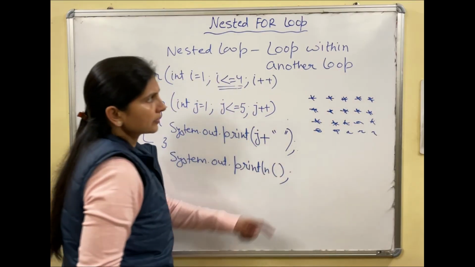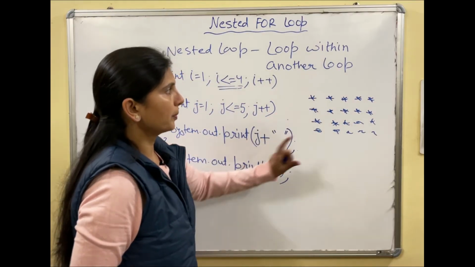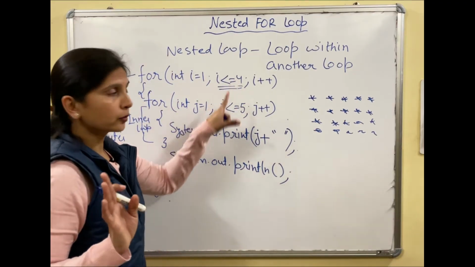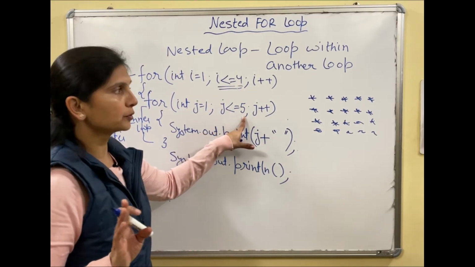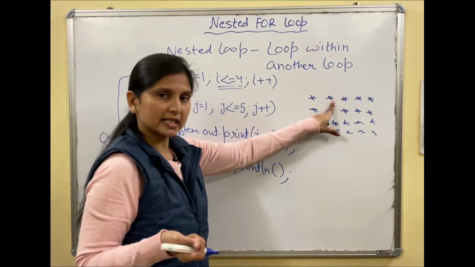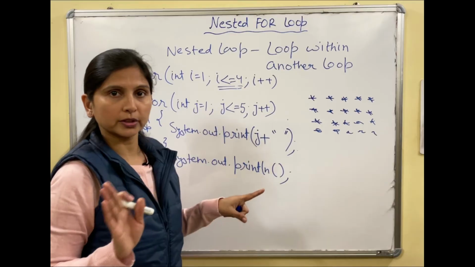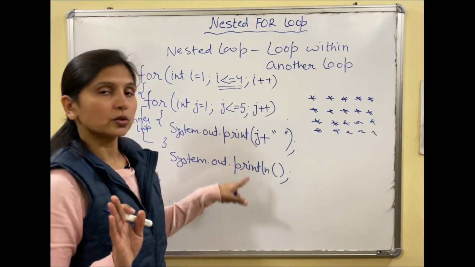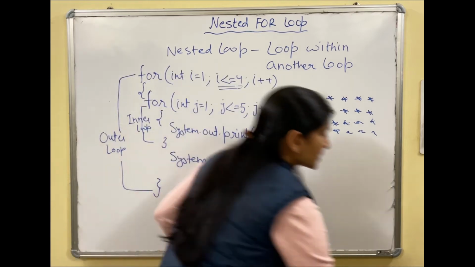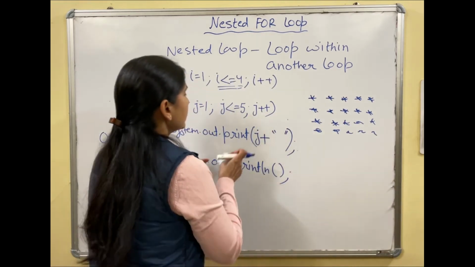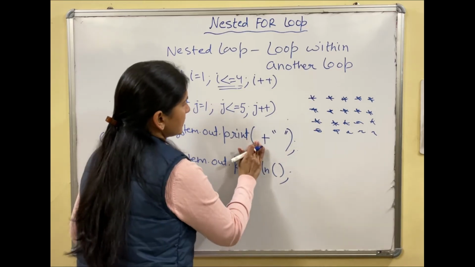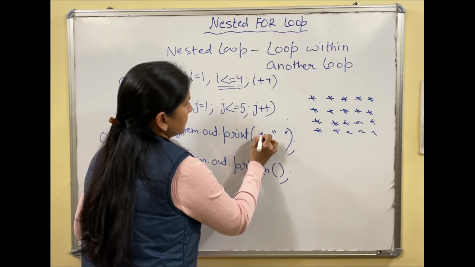So 5 asterisks in 1 row, and how many rows? 4 rows. Same. So i will be up to 4 only. j will be 1 to 5, 5 times it will run. What we have to display? We have to display asterisk, not j. 1, 2, 3, 4, 5 we don't want to display. So what should I do? I should replace j with asterisk. This is the thing only. Fine.